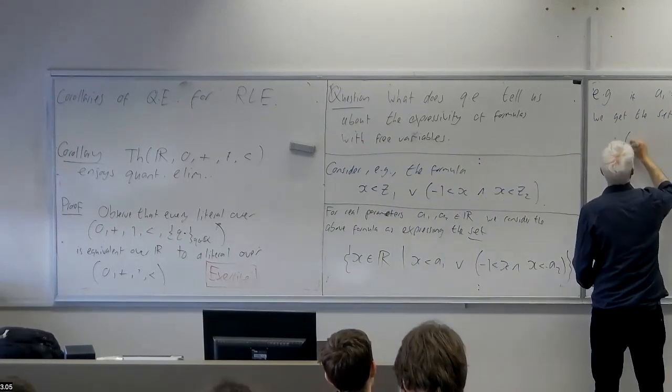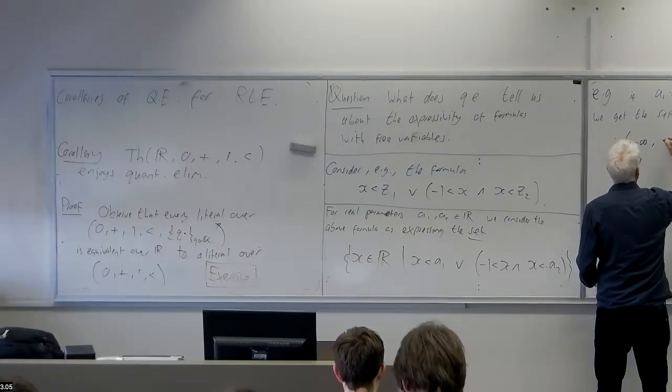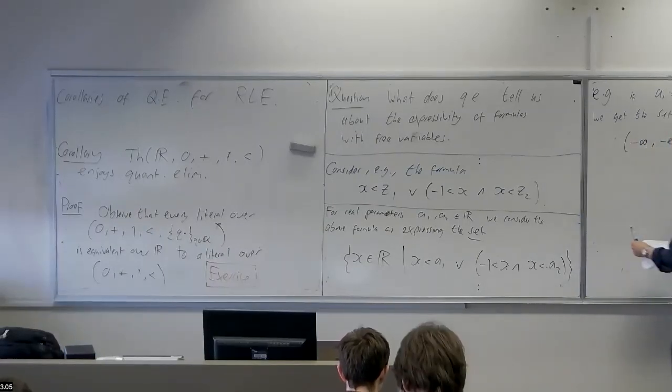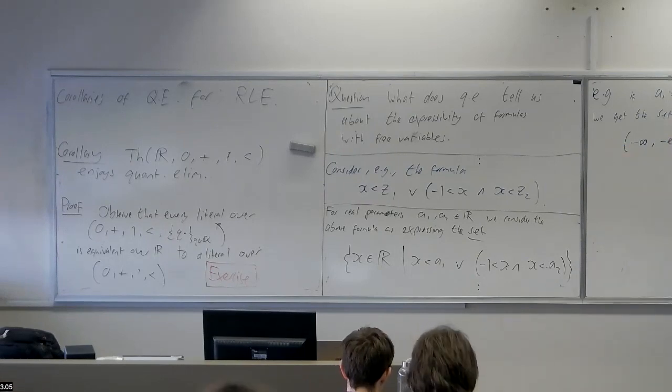So in this case, we get the set of real numbers from -infinity to -e, the open interval there, together with another open interval, -1 to pi on the other side.